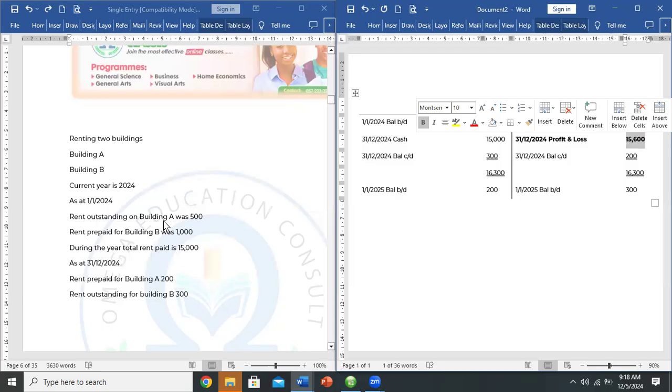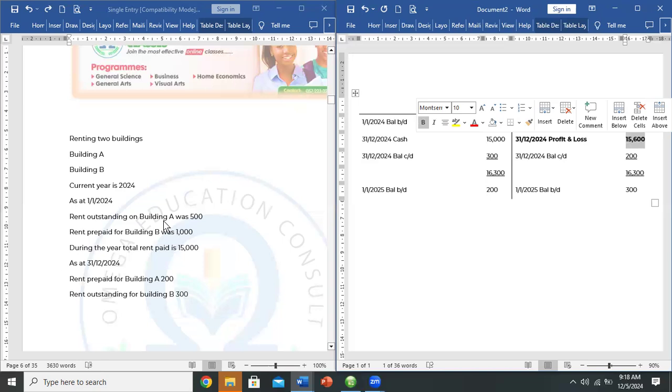But it could be one building divided into sectional stores, so maybe we have paid the rent for store A but not for store B. But if it's a particular building and the contract is with one specific landlord, then it wouldn't make sense for the same building to have arrears and prepayment at the same time. That would be weird. So I think I understand the point you were coming from.